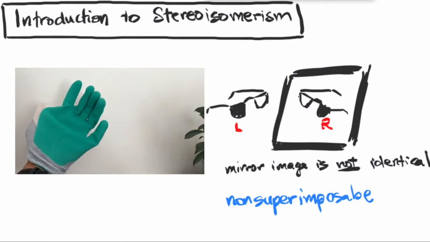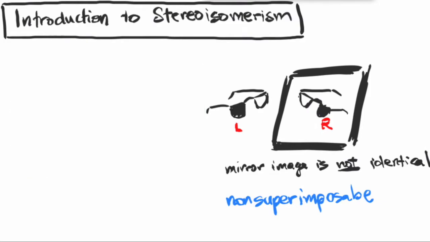You cannot, right? And actually, because of this, we say that objects that have non-superimposable mirror images are called chiral, which comes from the Greek word for hand. So there's this handedness in the relationship of this object and its mirror image.